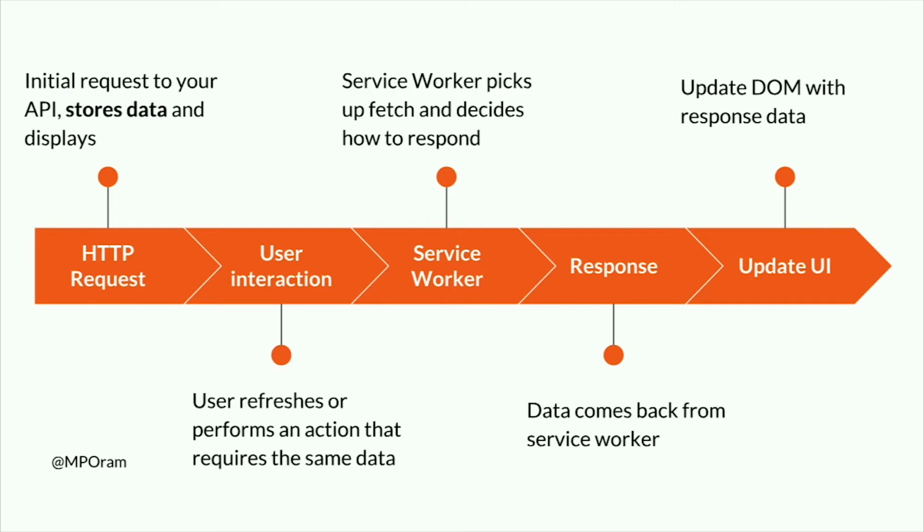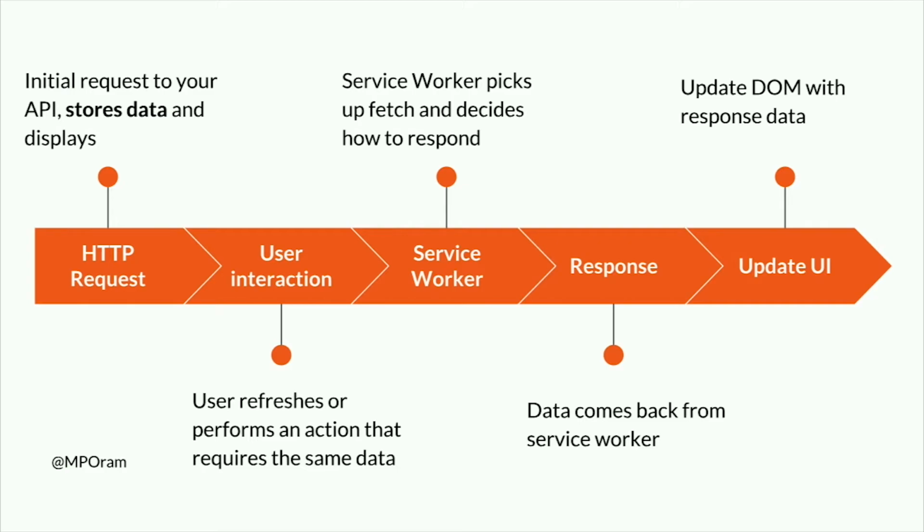So have we already got that data? If so, let's just respond with the data from our cache. If not, then it will go and get it again from the server. That responds, and your front end knows no difference as far as it's concerned. Your fetch request has come back as standard, and then you can update your UI, your DOM, however you see fit.